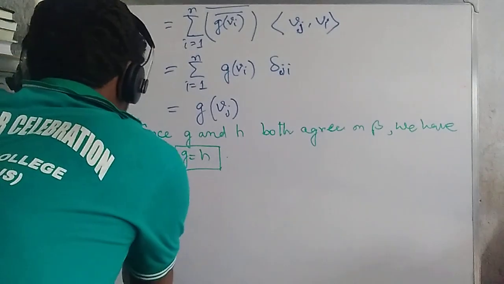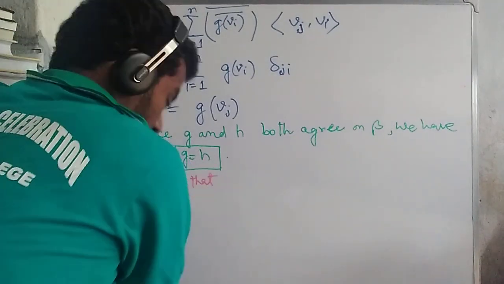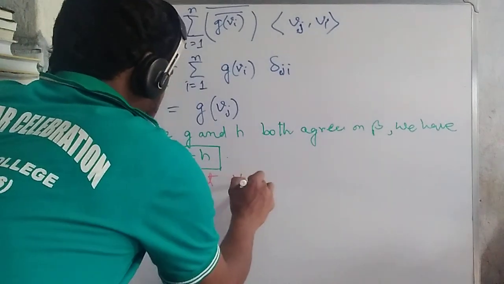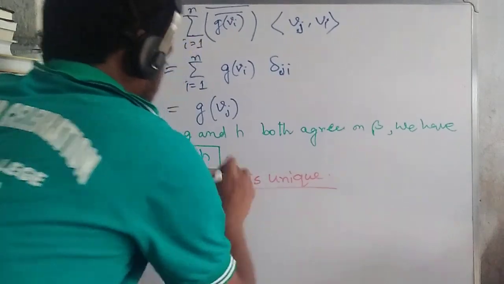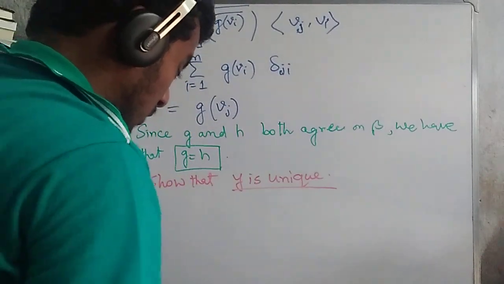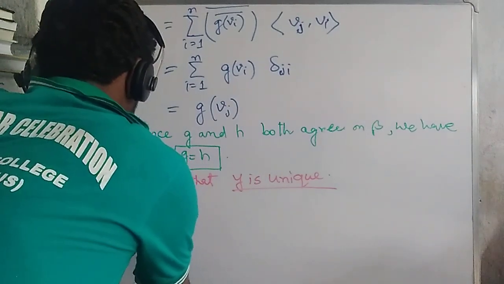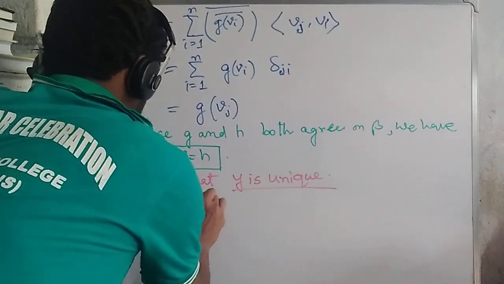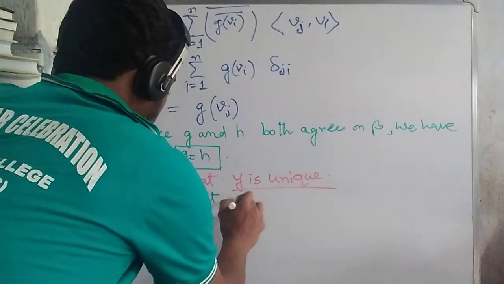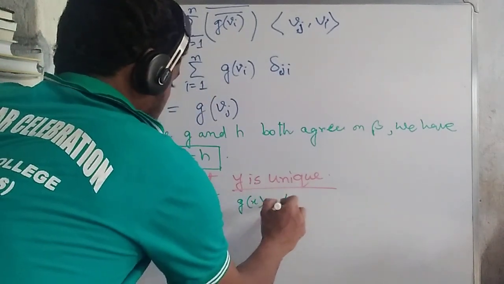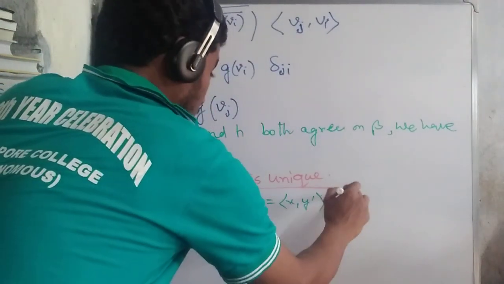To show that y is unique, suppose that g(x) equal to <x, y'> for all x.